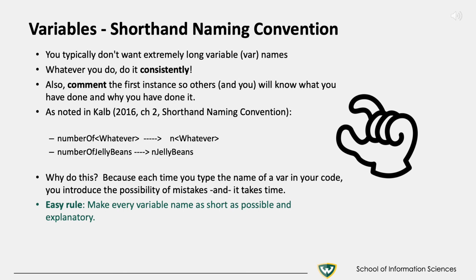The longer the name of the variable, the more you have to type, the longer it takes you to get through that one line of code, and it can increase the amount of time you spend coding exponentially as you get into longer and longer blocks of code. So easy rule, make every variable name as short as possible, yet still explanatory. Okay?